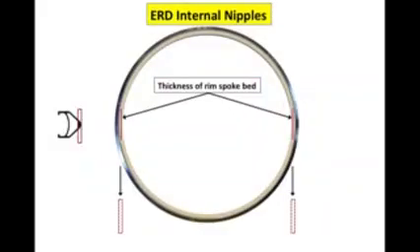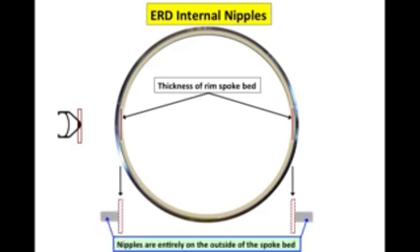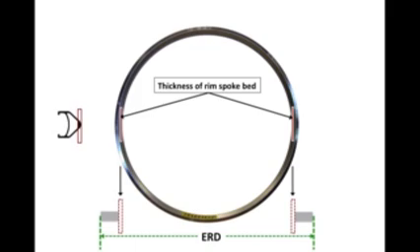Making use of the same diagram as we've used before, we have a rim and a rim cross section that you can see with the spoke bed shown. In this case, however, the nipples are going to be entirely on the outside of the spoke bed. None of the nipple will come through the spoke bed. My ERD in this case is from the end of one nipple all the way through the rim to the end of the other nipple.